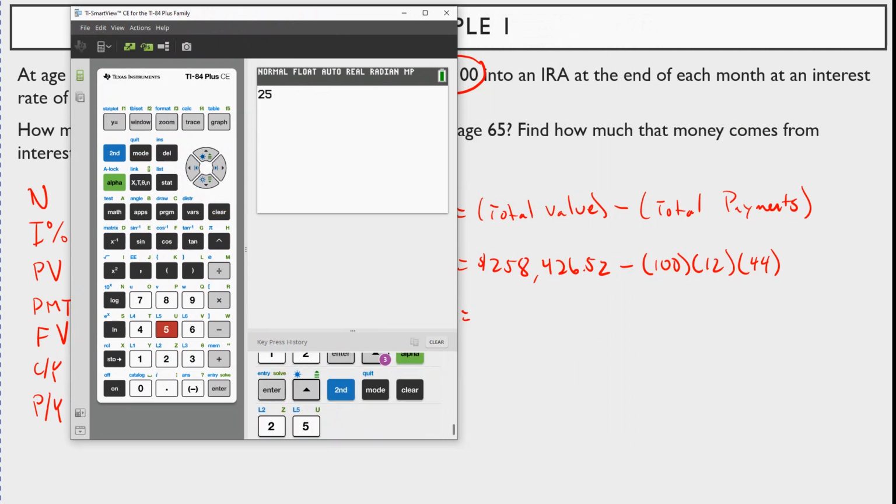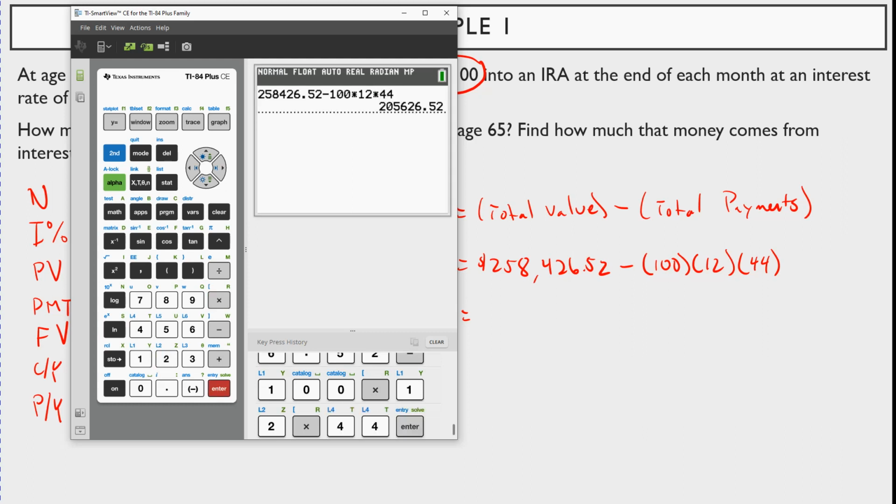258,426.52 minus 100 times 12 times 44. Wow, you made a ton on interest. Look at the time value of money.